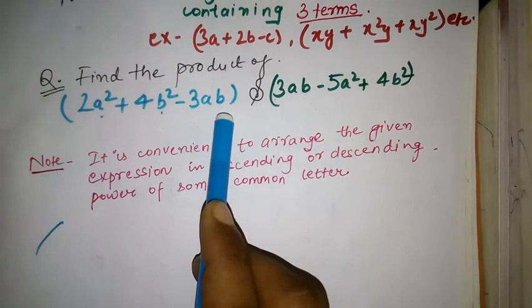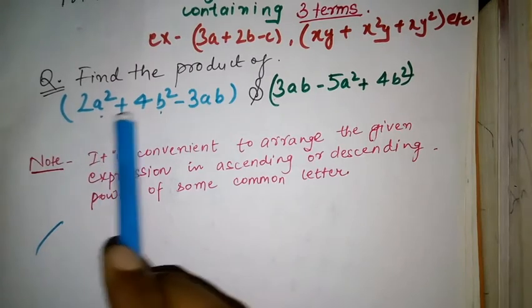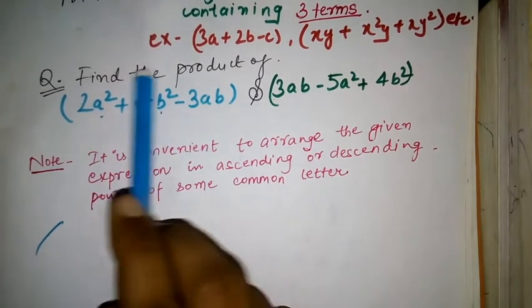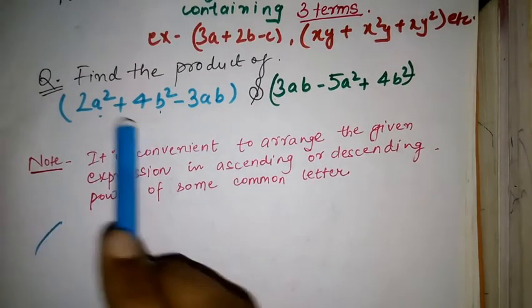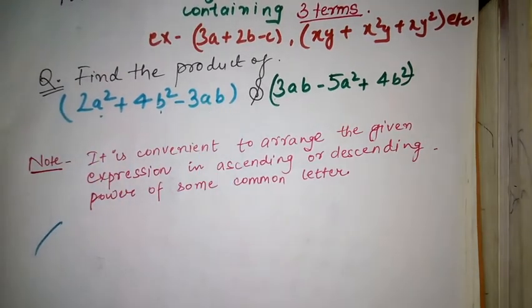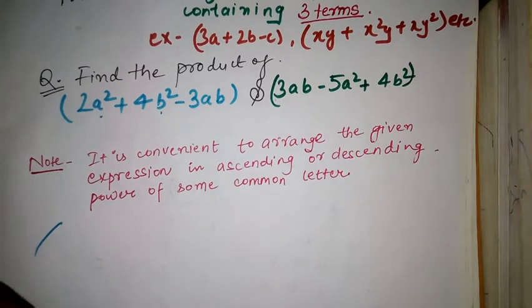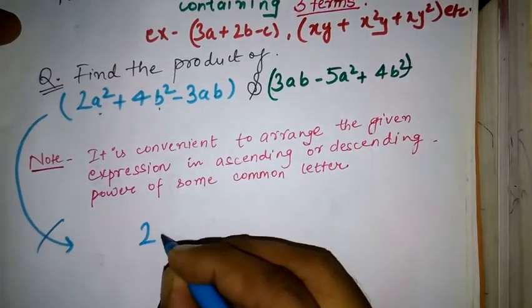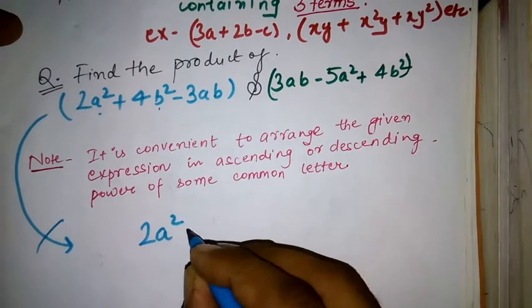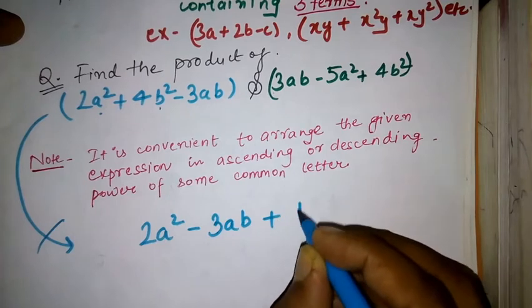This is our first trinomial expression, in which you can see that there are two letters, a and b. We can arrange this whole expression in the ascending or descending power of either a or b. I am arranging this expression in the descending power of a. So it will be first 2a square, then minus 3ab and then 4b square.